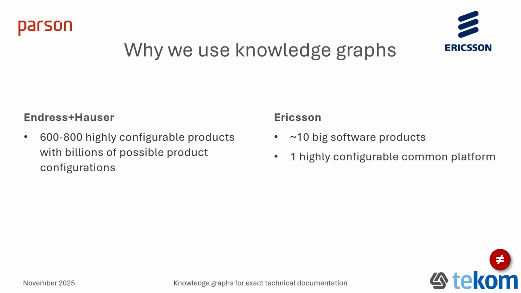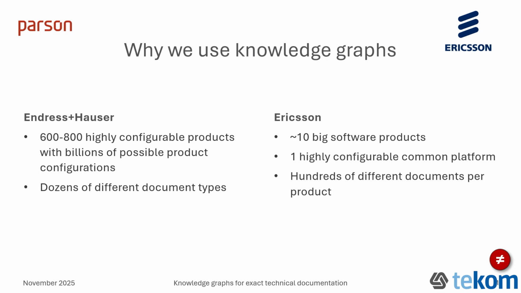And on the Ericsson side, we have far fewer products, but they are a lot bigger. So what we are currently addressing is around 10 of these big core network products. And what is actually a challenge is that they share a highly configurable common platform. That means that you also have to configure the documentation accordingly. And for these products, we have hundreds of documents per product.